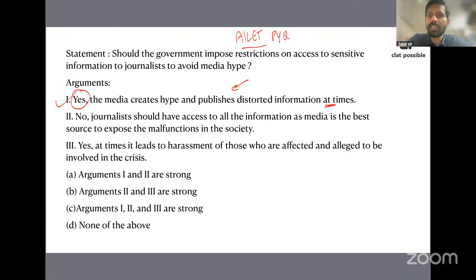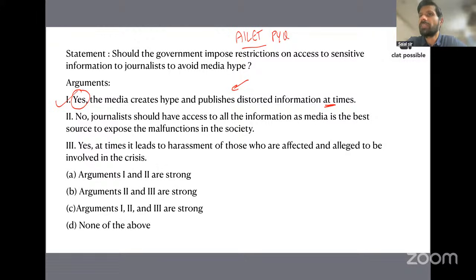So one is fine. Two says no, journalists should have access to all the information as media is the best source to expose the malfunctions in the society. Now, this argument also looks like a good argument because in a very democratic, free country you would want that there are no restrictions on media.